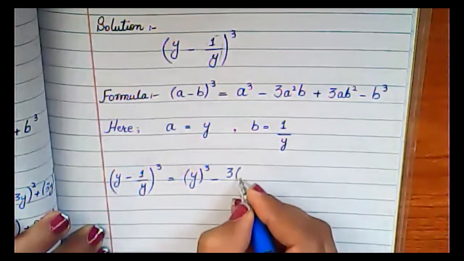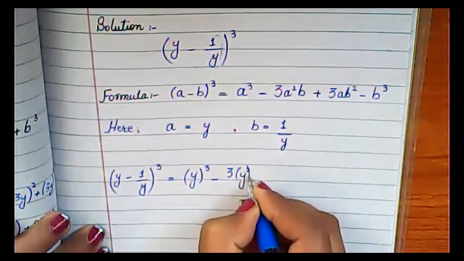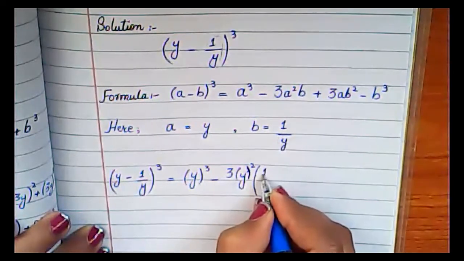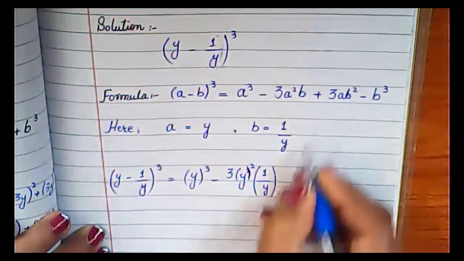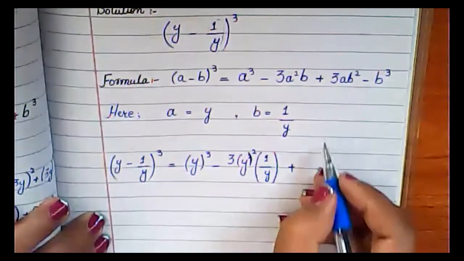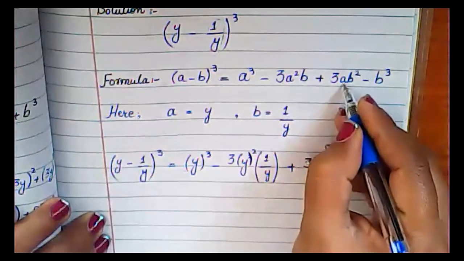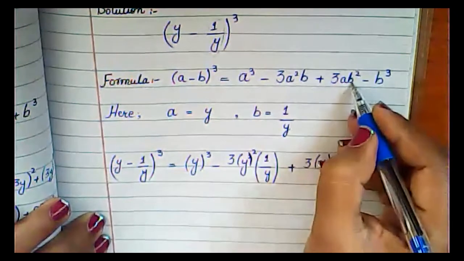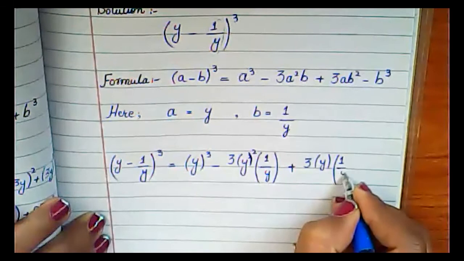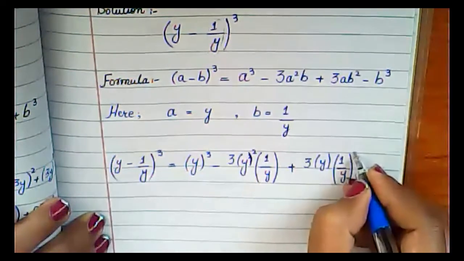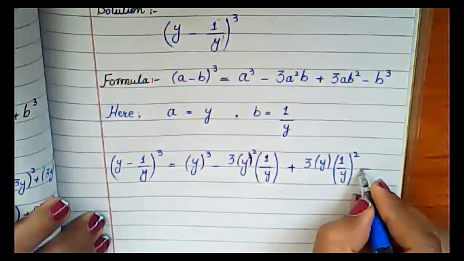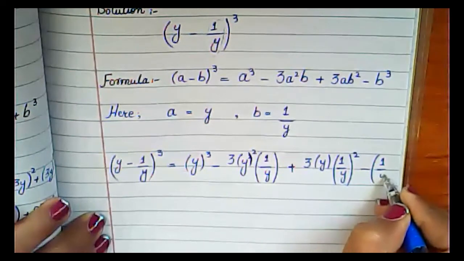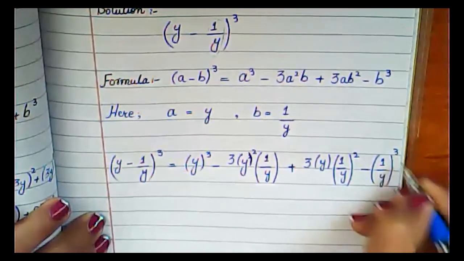Term A is y, so you will take the square of y, and then term B, which is 1 upon y, bracket close. Then the sign of addition. Then 3 as a coefficient and a as a variable y, and term B, 1 upon y, bracket close, whole square. Then minus, now term B, 1 upon y, so you will write here (1 upon y) whole cube.